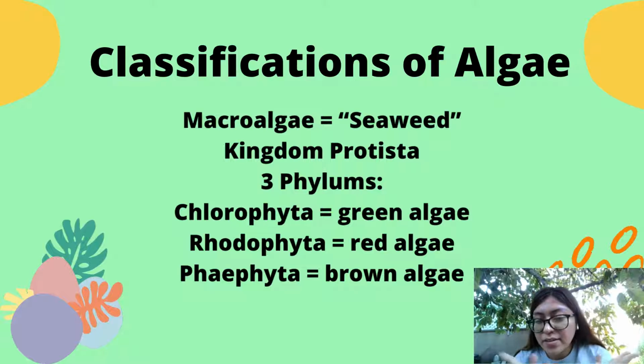The Chlorophyta is considered to be the green algae, the Rhodophyta is considered to be the red algae, and the Phaeophyta is considered to be the brown algae. So these are the classifications of algae in our algae family.